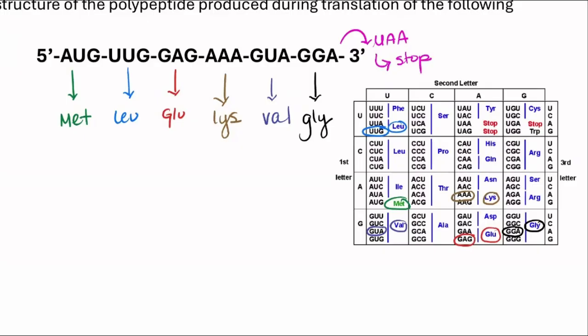Stop codons are not part of the amino acid answer because they don't encode for an amino acid. If you are given a sequence with a stop codon, you're only going to write your answer up until the amino acid before the stop codon. Also remember that when it comes to format, you must write the first letter of your three-letter code for the amino acids as a capital letter.